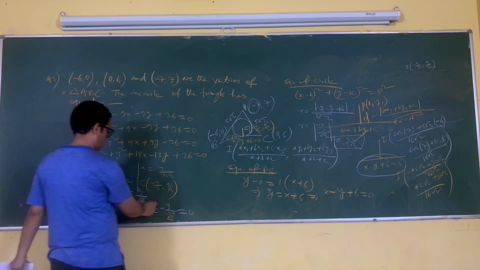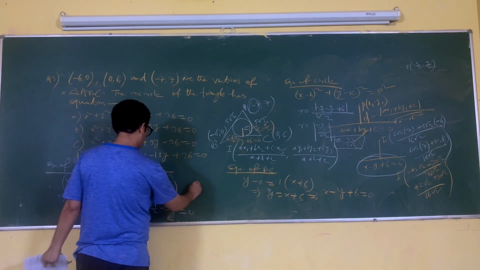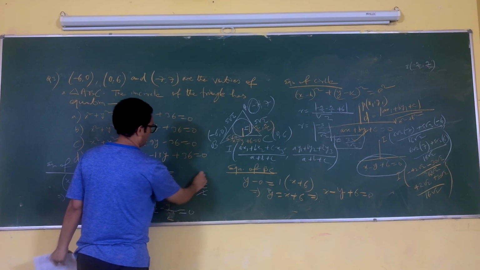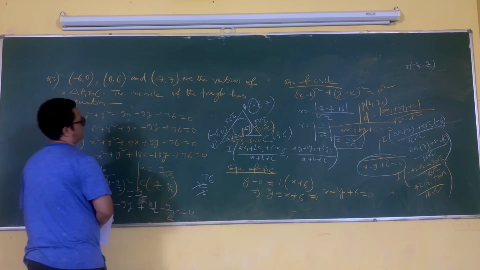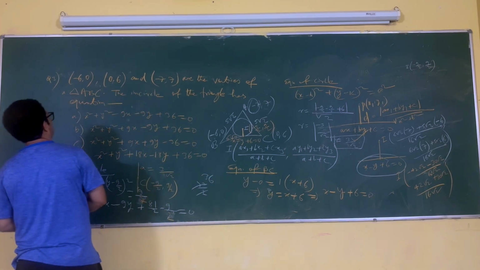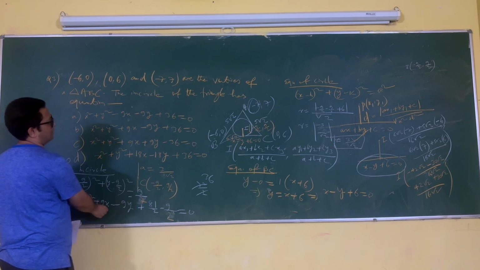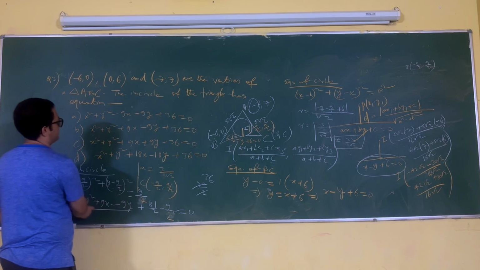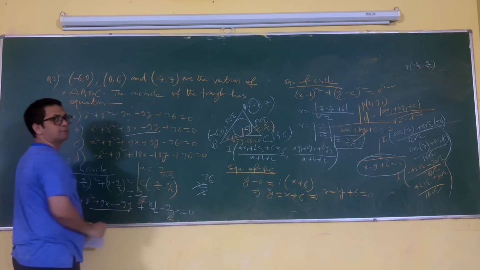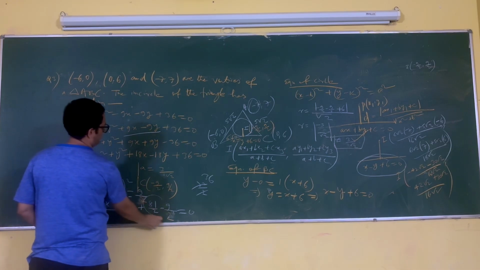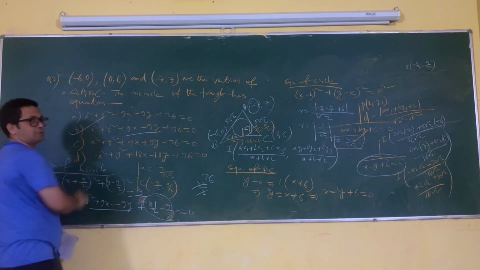So it is 81 minus 9. It will be 72 upon 2. So it will go 36. So plus 36. So the first option is correct, because x square plus y square plus 9x minus 9y, this value is matching, and this value is going to be plus 36. So B option is correct in this case.